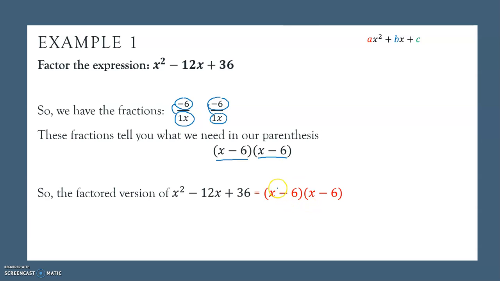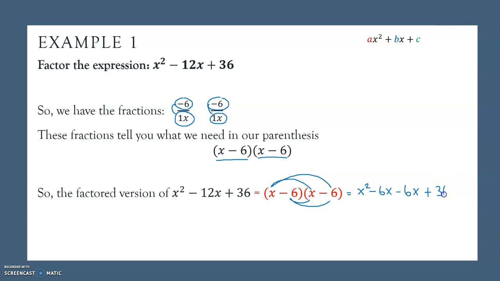So when you are fully finished with factoring, you can always double check that your answer is correct. You can have x multiplying x to give you x squared, x multiplying negative 6 to give you negative 6x, negative 6 times x to give you a negative 6x, and then a negative 6 times a negative 6 to give you a positive 36.